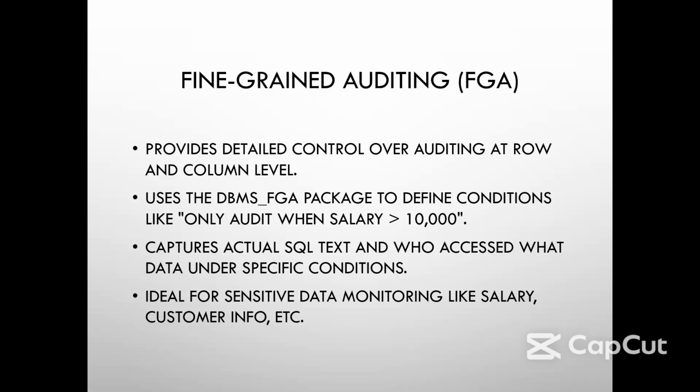Ideally it is for monitoring sensitive data like salary, customer information, and disease information. These are all very sensitive data, so we have to enable FGA on those columns, and we can easily track who does a select on the table. Most banking and financial sectors do this: for balances and money-related things, they enable the auditing.